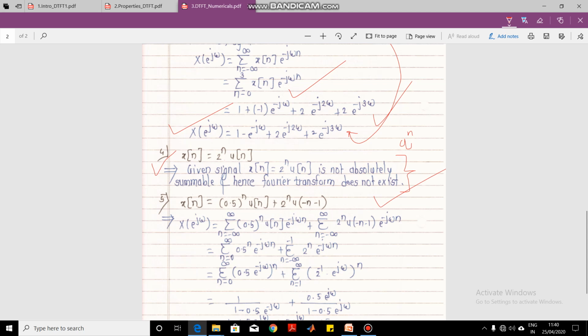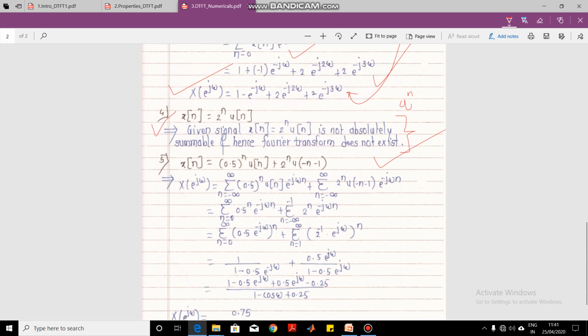This is an important difference and an important superiority of the Z transform over the Fourier transform, just like the Laplace transform over the continuous time Fourier transform. Here we are seeing the discrete time signal, so it is the Z transform and the discrete time Fourier transform.